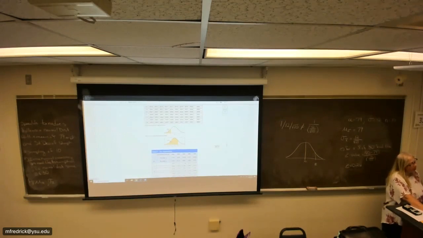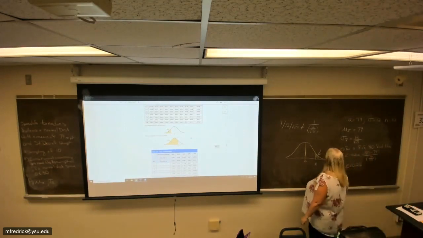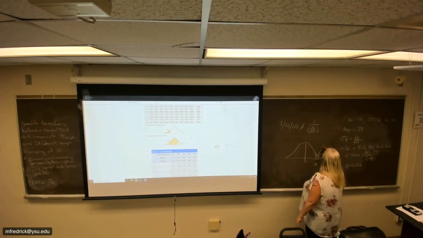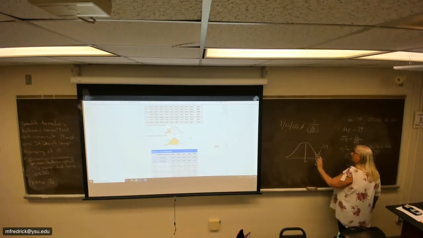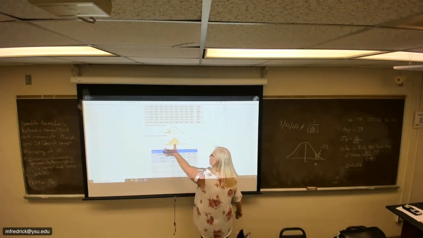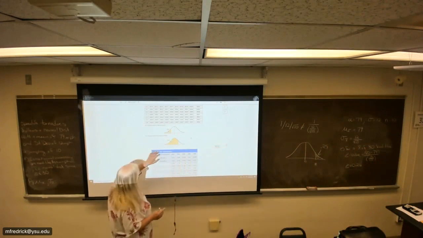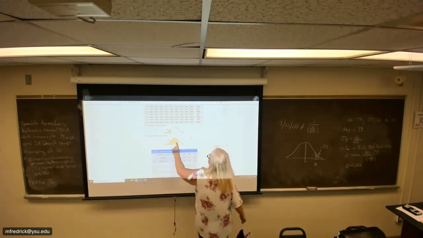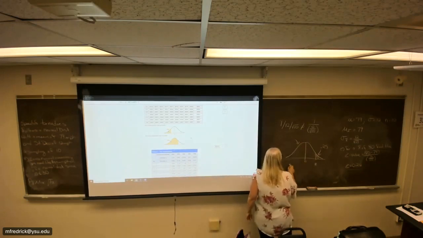So you're always working with below. If you're given above, you need to change that. So if we had this shaded, and to make things simple, use a quarter, 0.25, we wouldn't look this up on the table because the table uses everything below. You always want to check that because when we get to the T table, it does the opposite. So I always look just to remember. It's shading below to find the area below. You subtract it from 1.